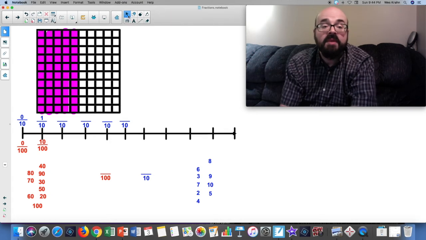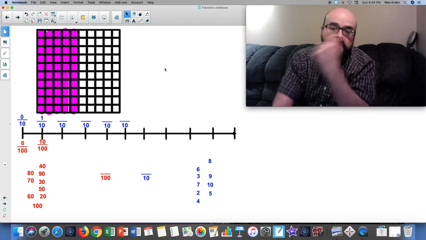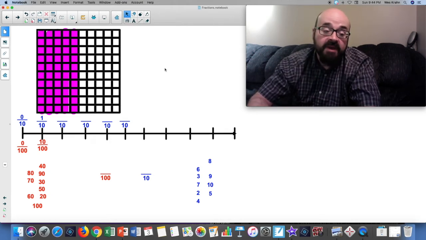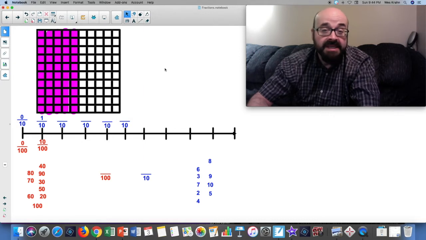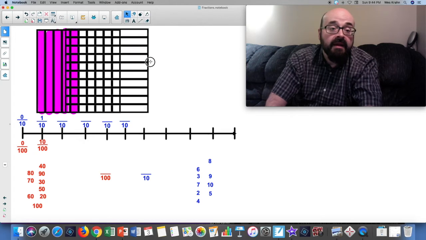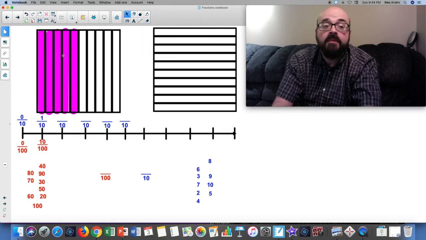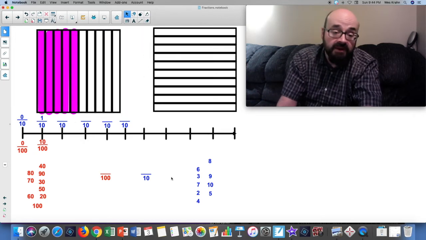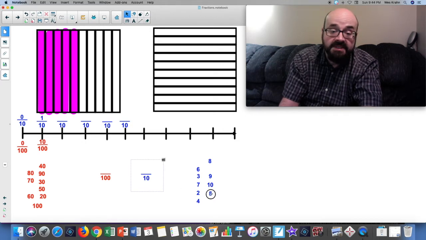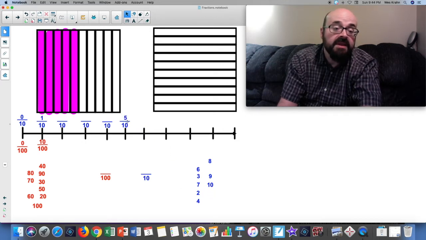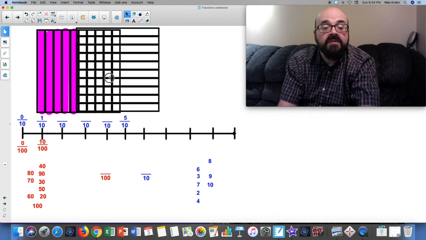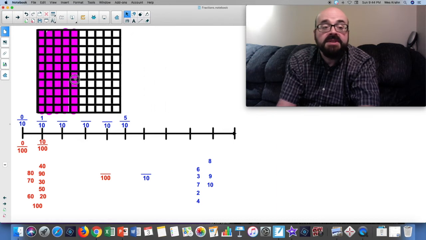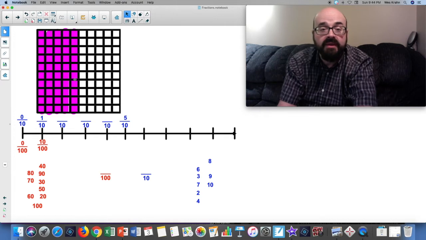And if you can remember from when we talked about closest to 1/2, we know that that's how many tenths. Do you remember? If I pull this out, how many tenths are filled in? There's 5/10 right there. But if I break it up into even smaller pieces, how many hundredths will that be? Take your guess now.